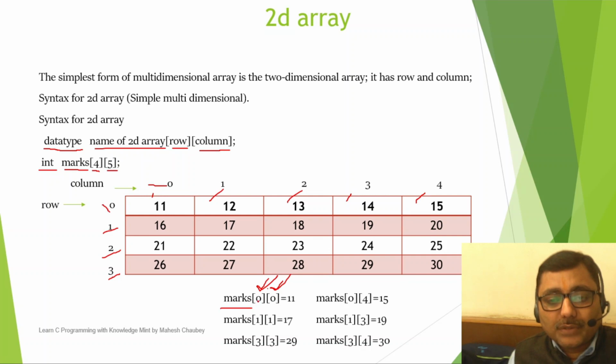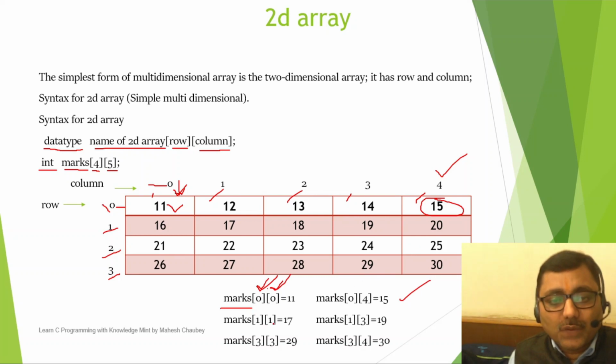So we are talking about row 0 and column 0. If I say 0 4, it means the index of the row is 0 and 4 is the column index, so I will be able to target this 15.